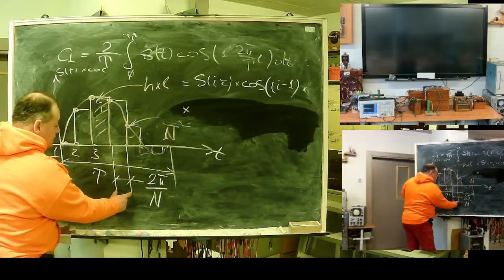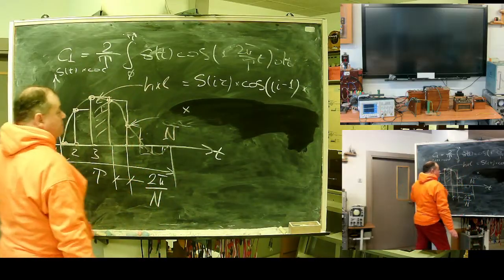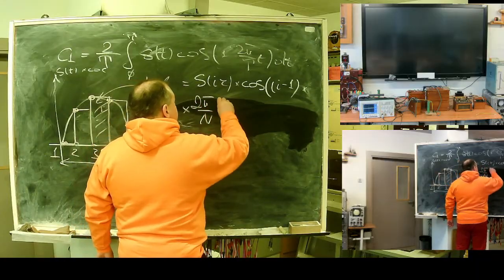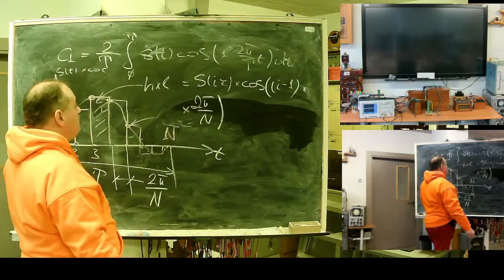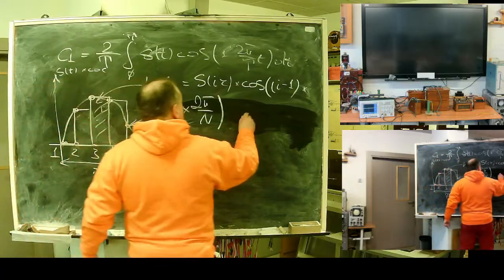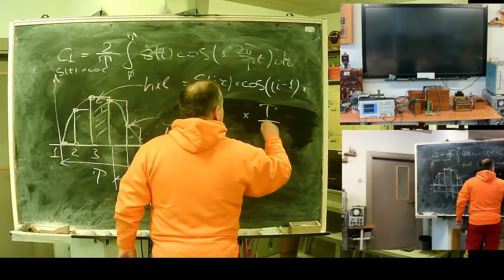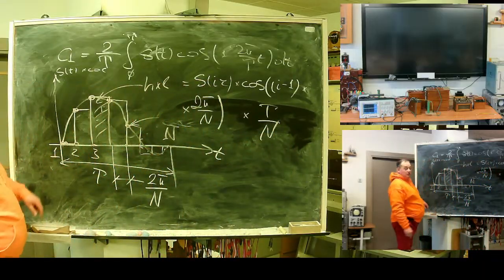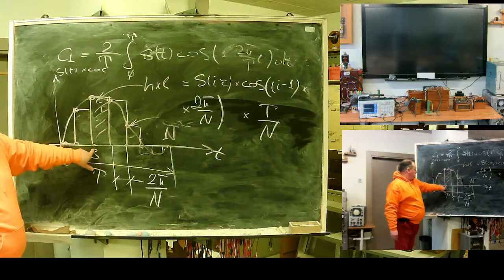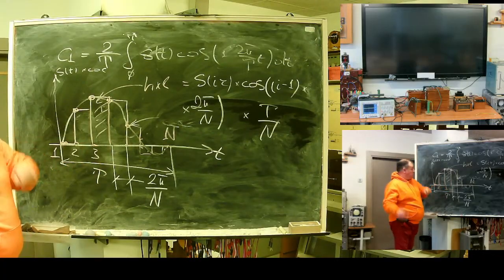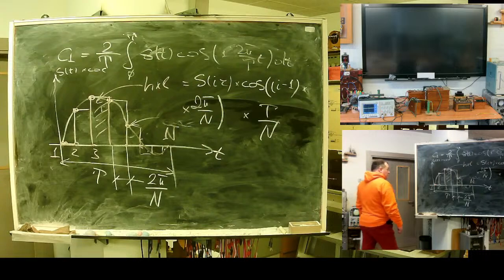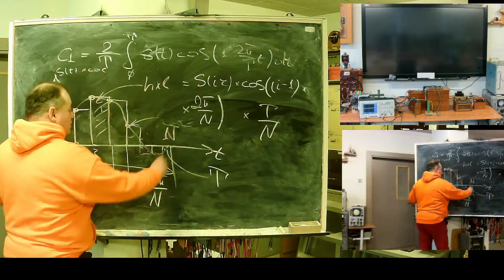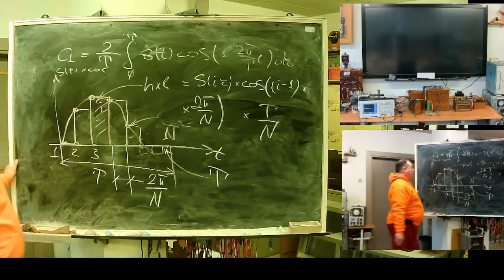Each step is 2 pi divided by the number of steps. In time, it is multiplied by the period divided by the number of steps, because this point is a full period, dividing by n.